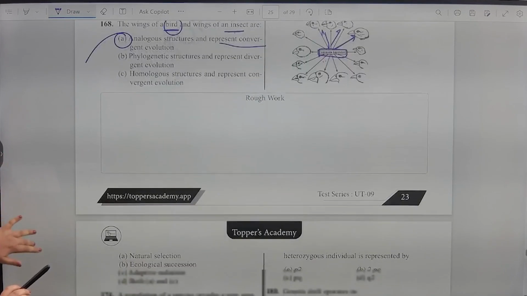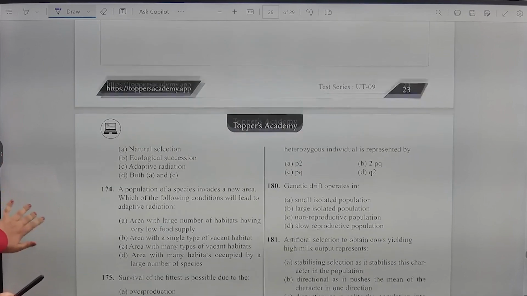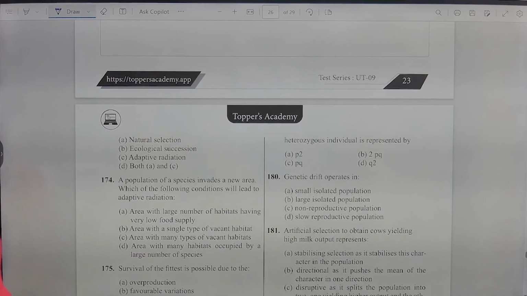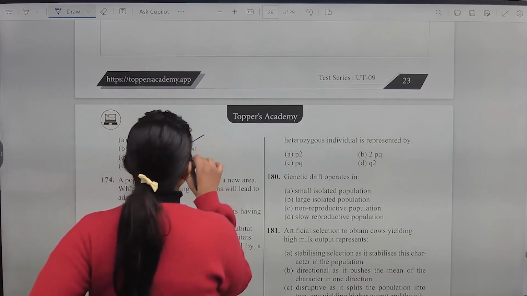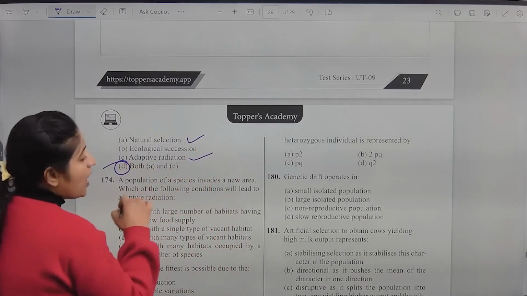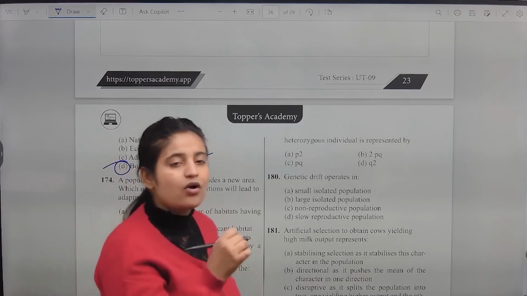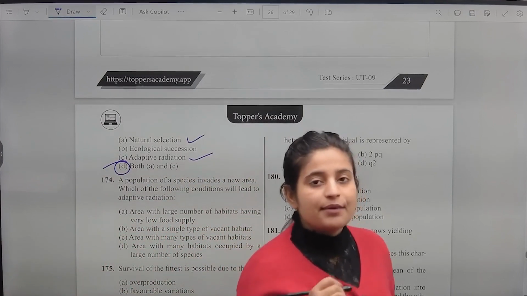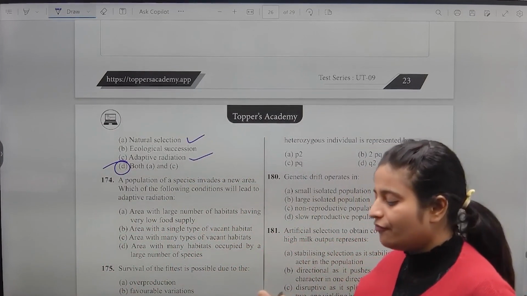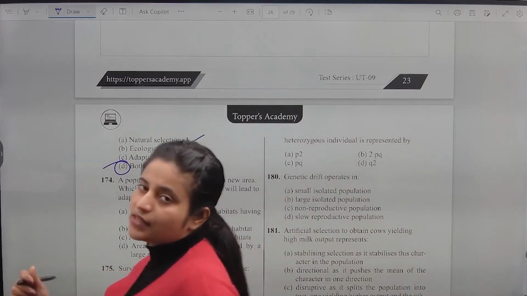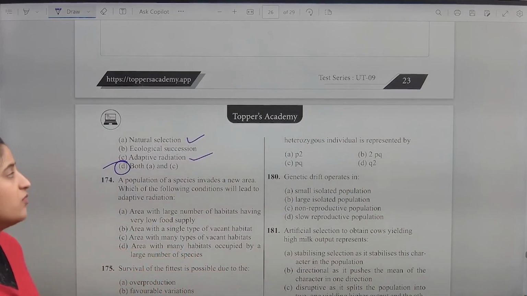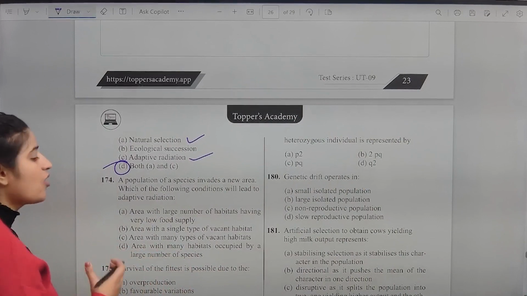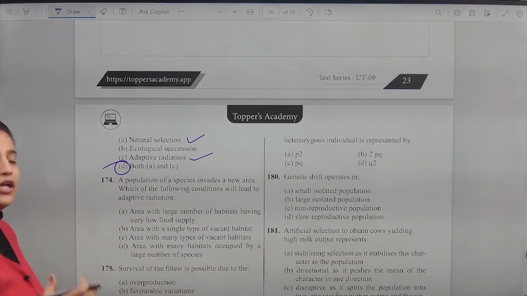This type of radiation is known as adaptive, natural, ecological. It is natural selection as well as adaptive radiation. According to their habitat and survival, they became different finches. One became an insect eater, one became a seed eater. According to that, their beaks evolved.